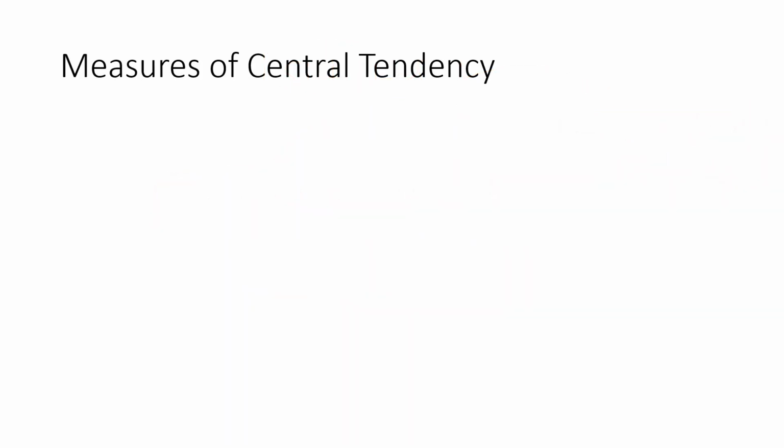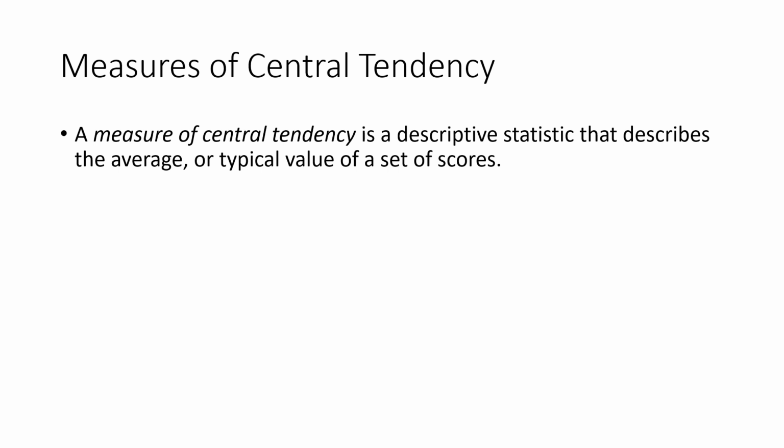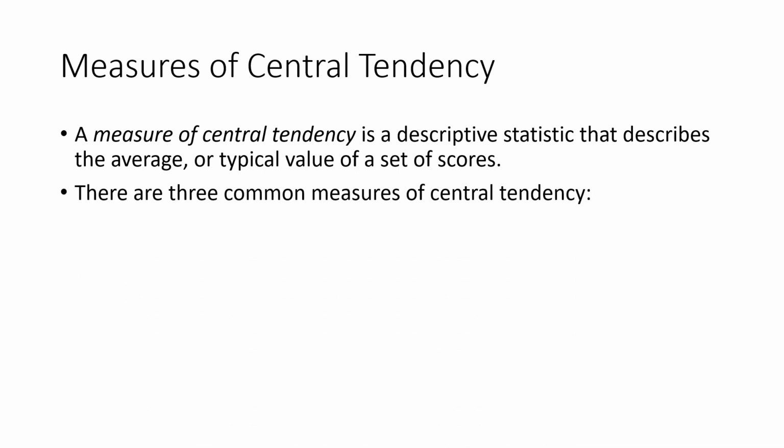Now, what is measures of central tendency? A measure of central tendency is a descriptive statistic that describes the average or typical values of set of scores. There are three common measures of central tendency: mean, median, and mode.